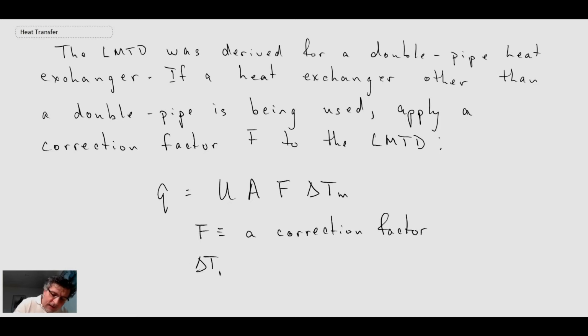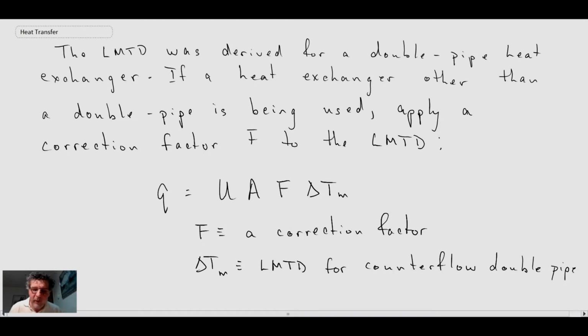And delta Tm is the log mean temperature difference for counterflow double pipe. So essentially what we're doing is mapping one to the other.